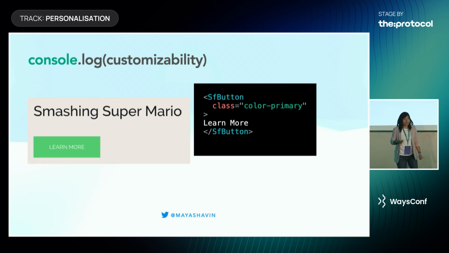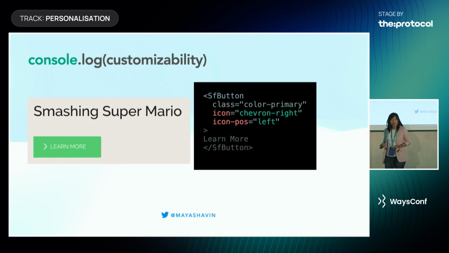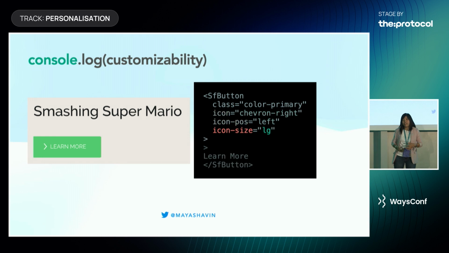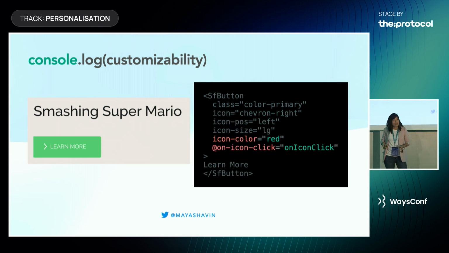Another example for functional customizability is like we have a button, and then the user wants to have a different icon, and then you have an icon with a different position, and then another size, and then another color, and then another prop that requires just an event on top of the button only, and more.